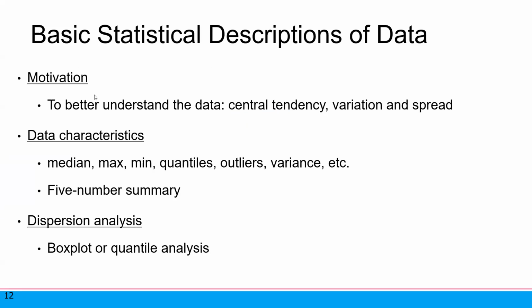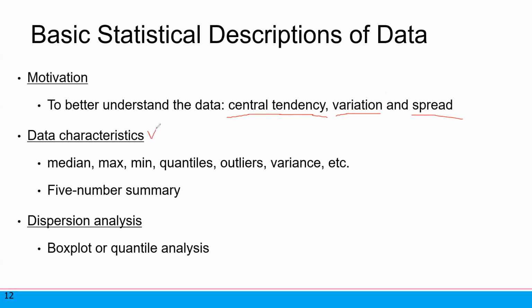And the motivation here is to better understand the data by looking at the central tendency, variation, and the spread. So using statistics, we can understand the variation, the typical values, and the unusual values.